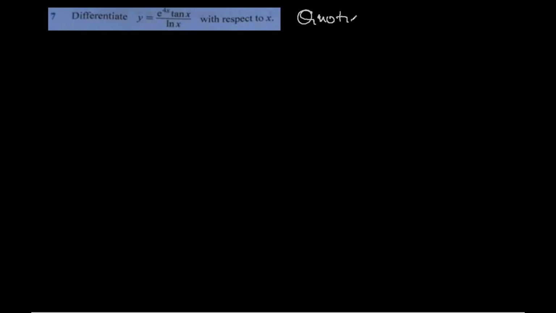As you may be remembering, this is u prime v minus u v prime, the differentiation if your function is y equal to u over v. So e to the power 4x tan x is u and ln x is v. So we will use this one.